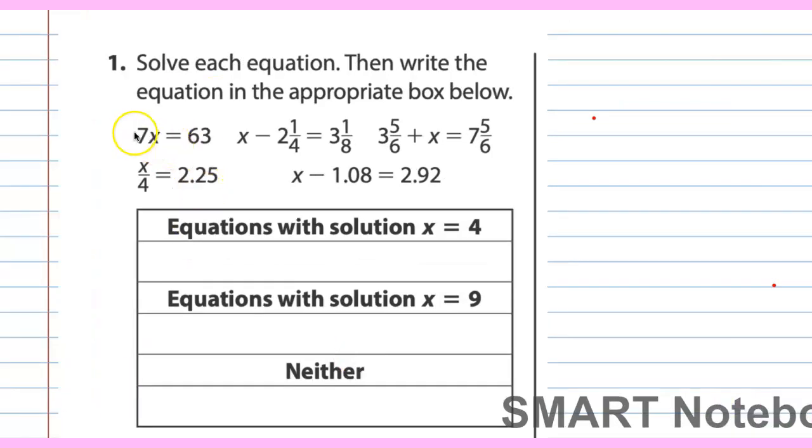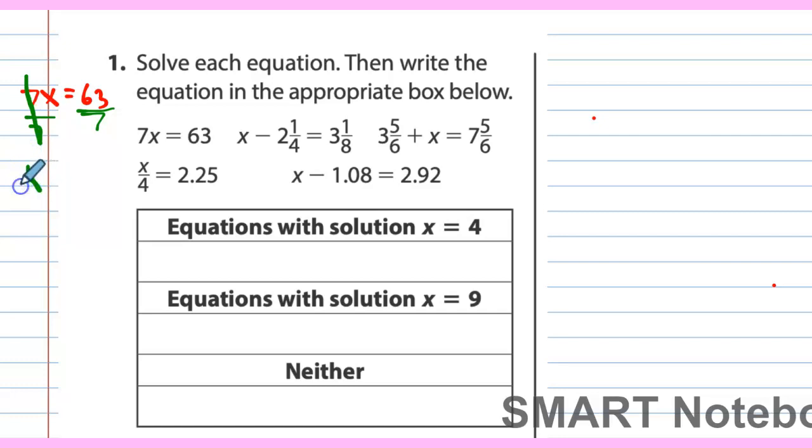We're going to take the first one, 7x equals 63. This means 7 times x equals 63. So how are we going to solve this problem? Since it is 7 times x, we can divide both sides by 7, so that cancels out.